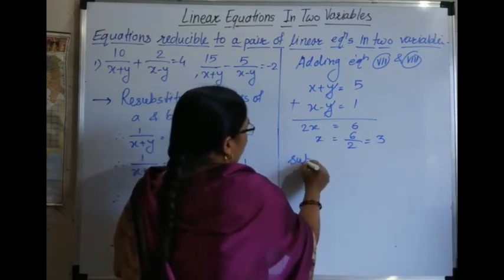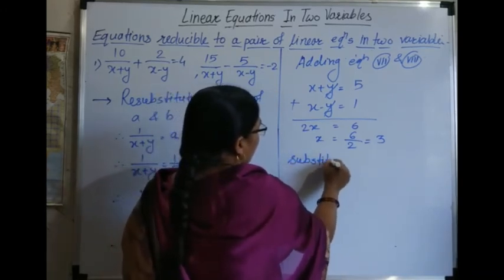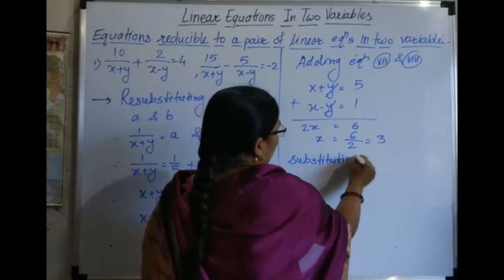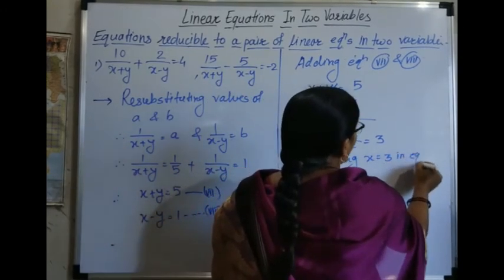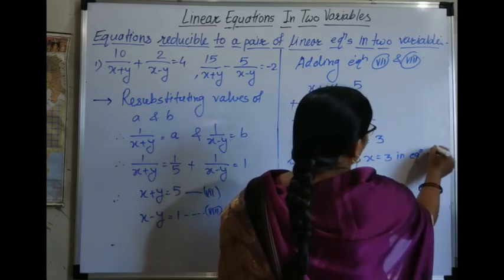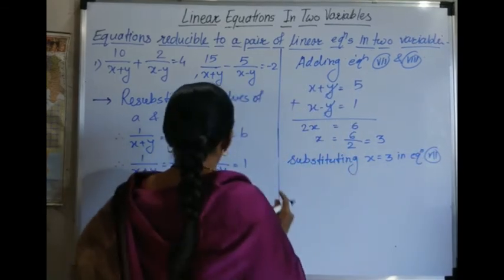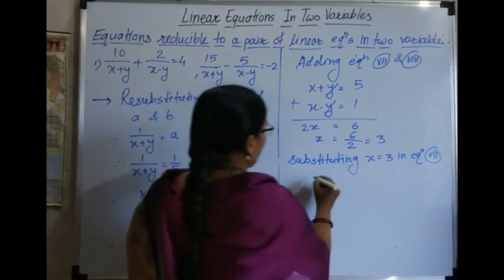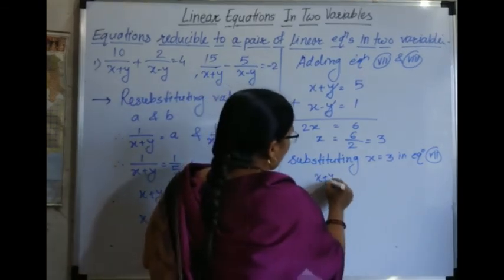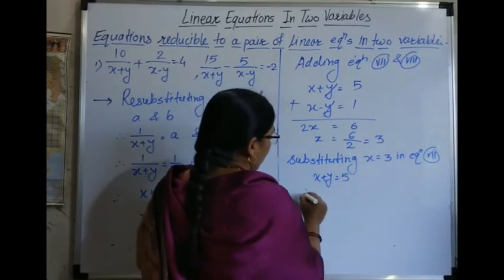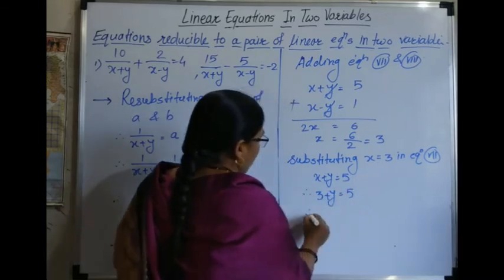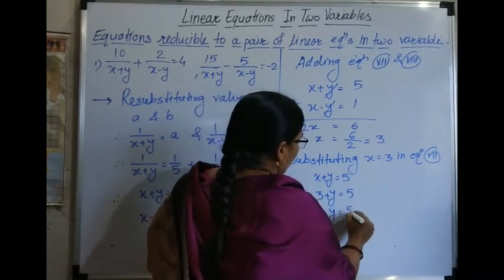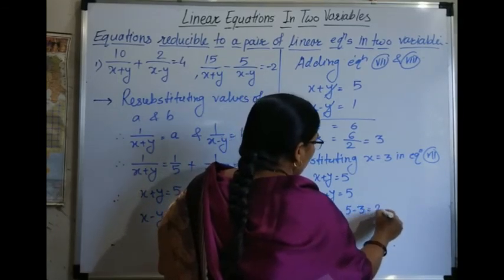Substituting value of x, substituting x is equal to 3 in equation 7. Now we can get equation 7 is x plus y is equal to 5. Therefore, 3 plus y is equal to 5. Therefore, y is equal to 5 minus 3, which is equal to 2.